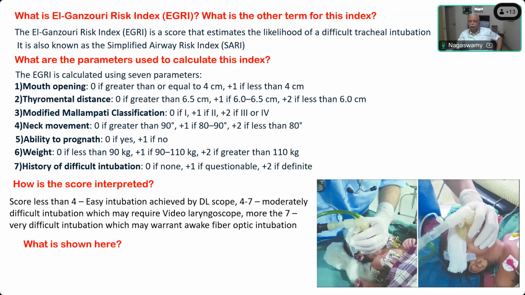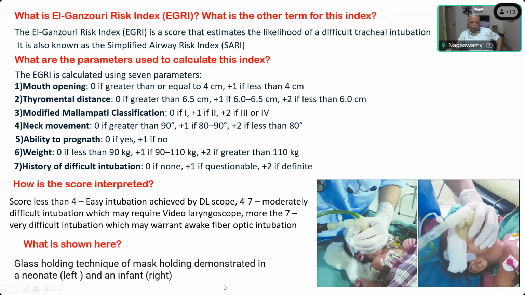Are these fingers separate? No, sir. Are these two fingers touching each other to form the C? This is called the glass holding technique of holding the mask in a neonate and an infant. Yes, this is a neonate, this is an infant, and this method is called the glass holding technique of holding the mask.